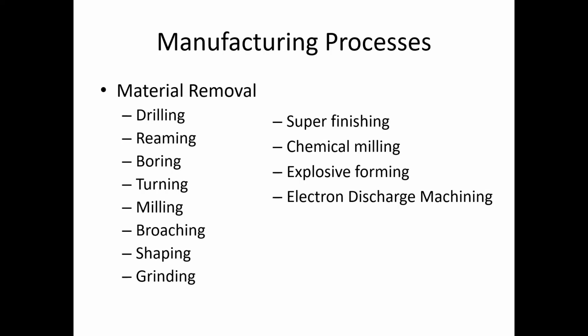In milling, it could be rectangular bars, square bars, round bars, any shape. The material is stationary and the cutting tool is turning. Most milling operations are what's called vertical mills, but there are some horizontal milling centers. So if you think of it in terms of, is the tool spinning or is the material spinning, that'll usually get you in the right game if you need to know which one's which.